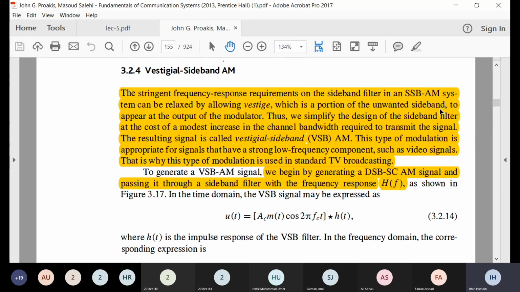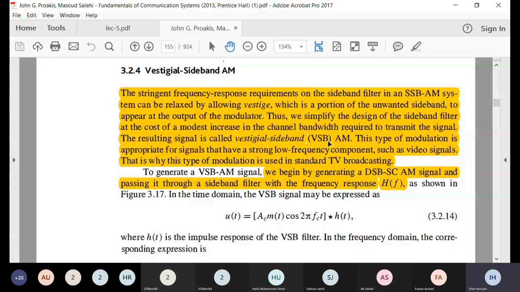So you will have the upper or the lower sideband, but along with the upper, you will have a portion of the lower, or along with the lower sideband, you will have a small portion of the upper sideband. So bandwidth is increased but modestly, and this is called vestigial sideband amplitude modulation.